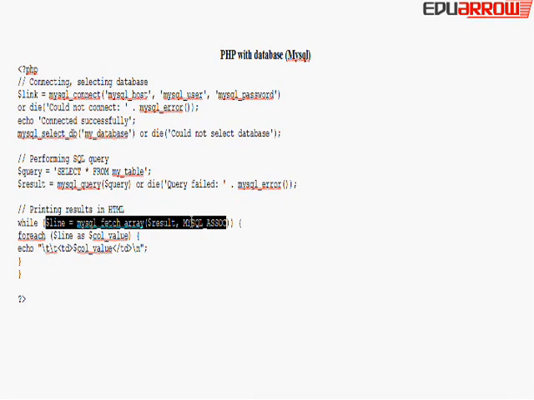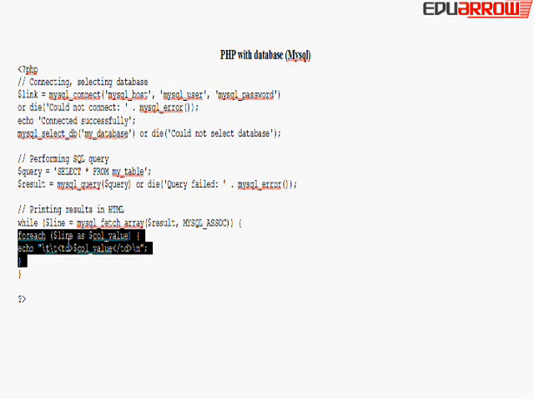In this, we are using a foreach loop, and as $line contains the first record as an array, it will print the value of each column, and once a complete row is printed with all the columns, it goes to the second record, and in this way it will print the whole table values. So these are some basic functions used to connect PHP with database.